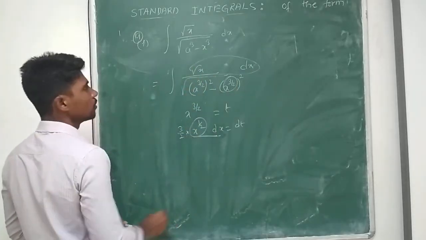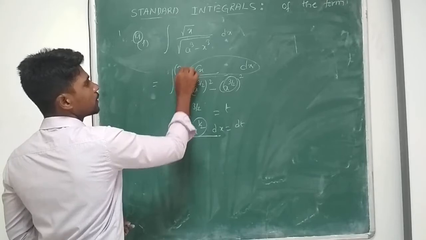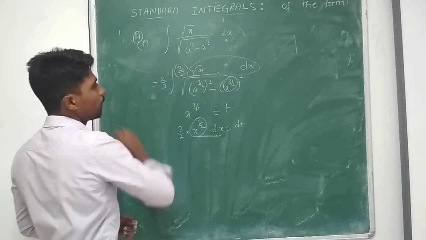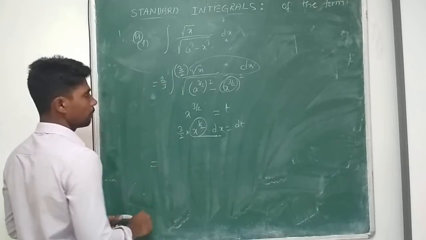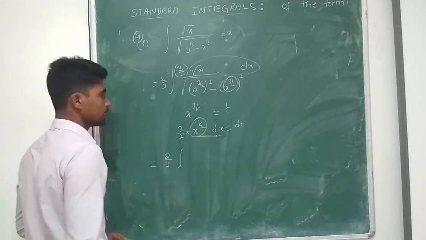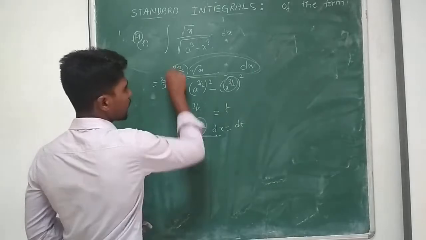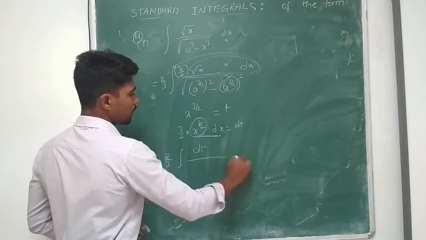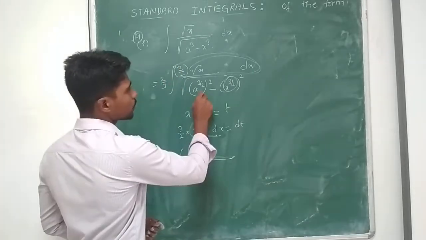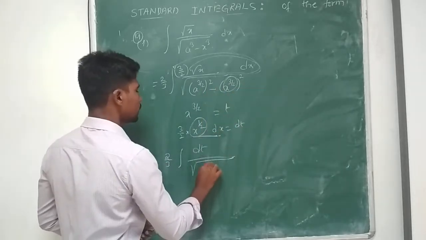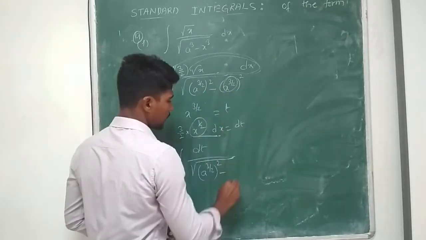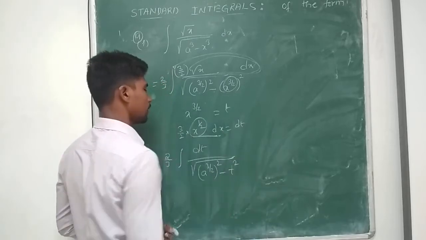So what can I do? Multiply by 3 by 2 and divide by 3 by 2. 1 by 3 by 2 is nothing but 2 by 3. So replace the substitutions. So 2 by 3 integral dt by root of a power 3 by 2 whole square minus this part, which I can say as t square.